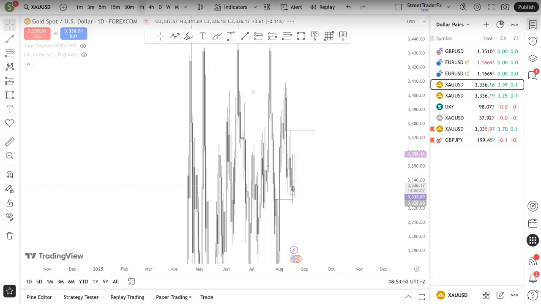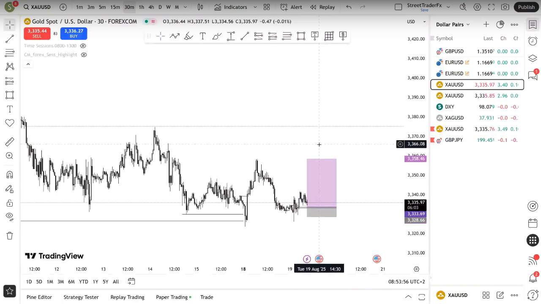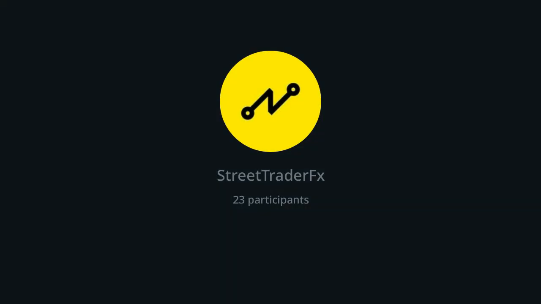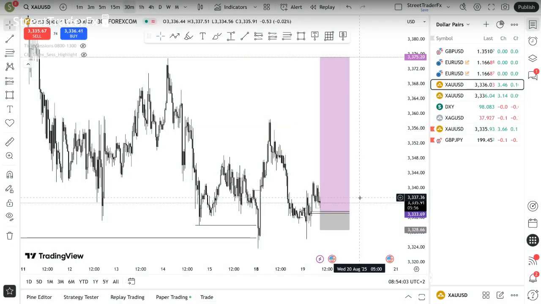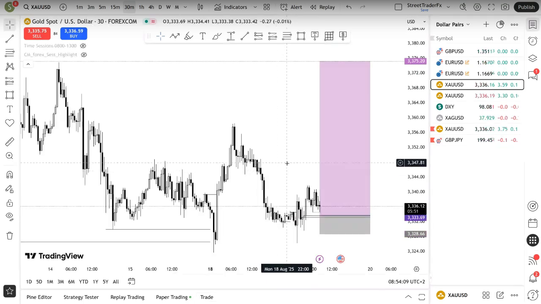I'm saying this is what I'm seeing, right? That's really what I'm looking at on gold. Hopefully you guys understand. But make sure that you use proper risk.